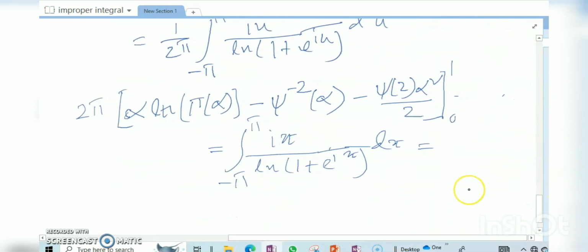So omega is equal to omega real part. Here you get all parts real.